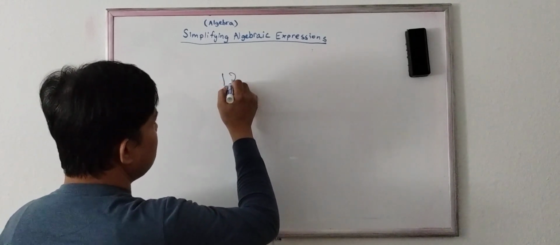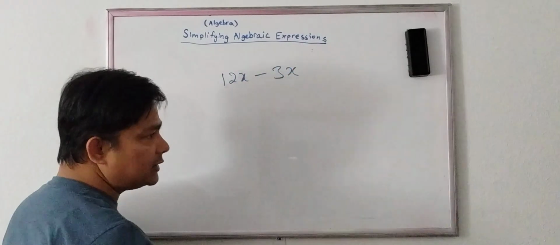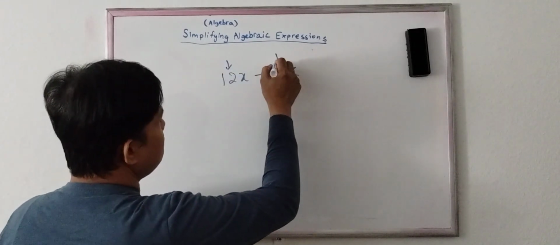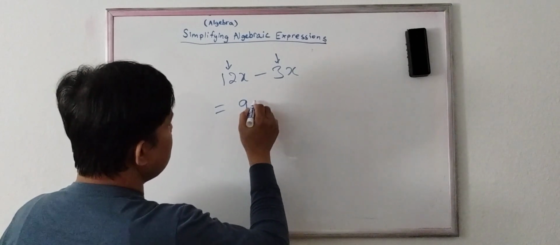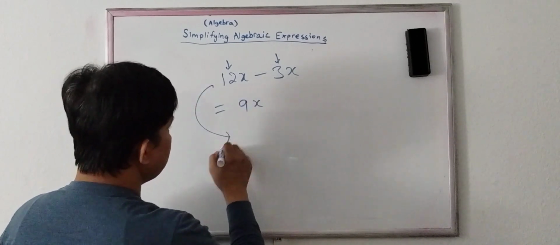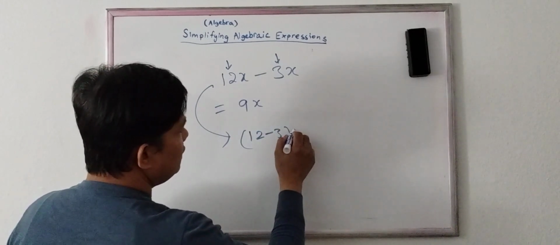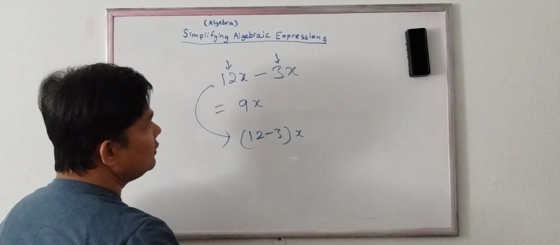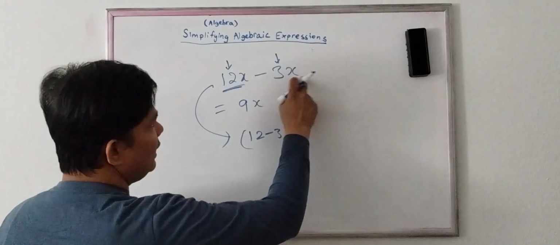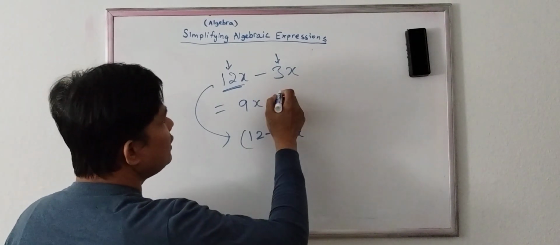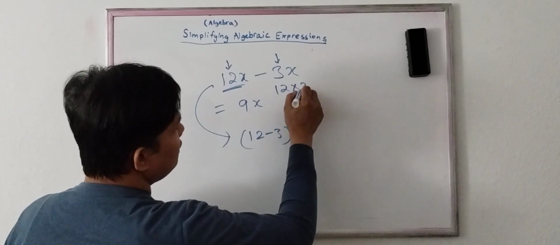Same thing if I say 12x minus 3x. You have to do the same thing. Subtract the constants, 12 minus 3, which is 9, and then apply x. So basically one step is here: 12 minus 3 times x. This is like adding x 12 times, and this is adding x 3 times, or multiplying 12 with x.